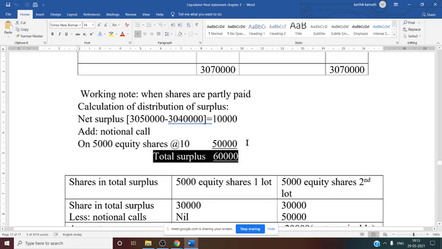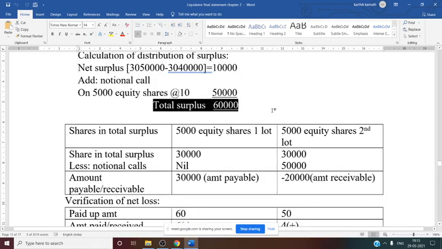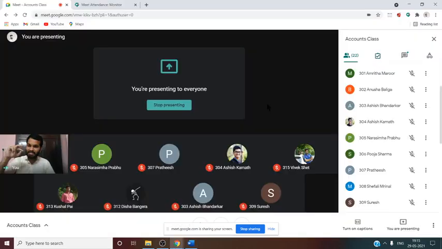Now, after getting the total surplus, the next step: shares in total surplus. One more working note you have to do. We know 60,000 is the total surplus, right? There are two categories of equity share, one with 60 rupees paid up value and the second with 50 rupees paid up value.